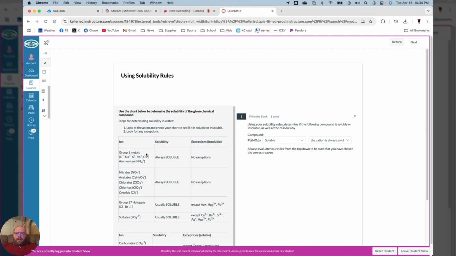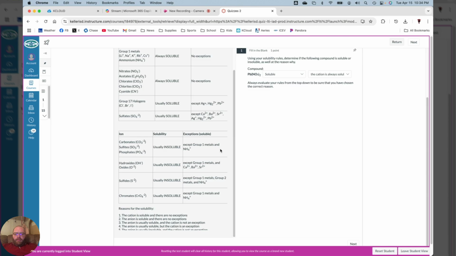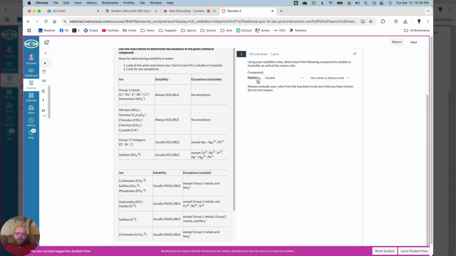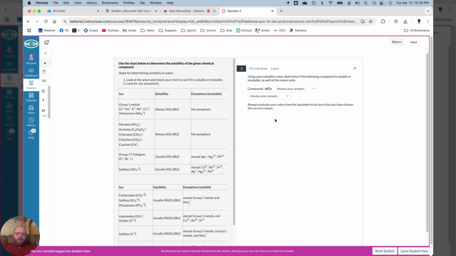You're going to get the chart over here on the left, the solubles and insolubles with the rules as well. So you're going to identify based off of whatever compound is given. I did these first 2 earlier on in the video I tried. So let's go with this one. Aluminum, Al, and chlorine. Aluminum is not a group 1, and those are the only cations on here.